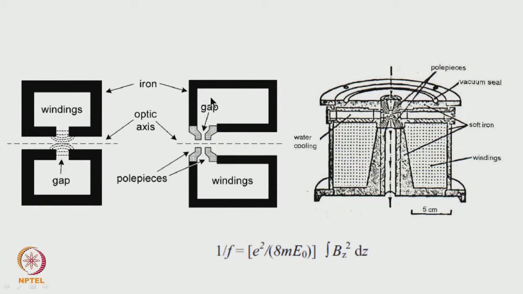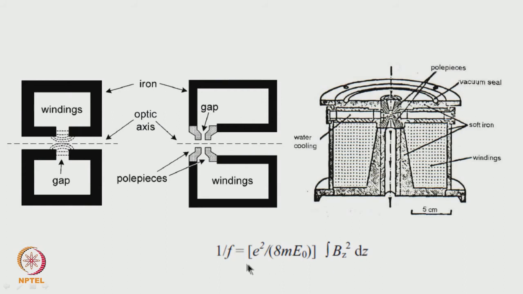And to control the current, one uses a circuit which gives a stabilized power supply. Another point is that since the currents are very high, the lenses themselves are cooled with water, so that the magnetic field is highly stable.